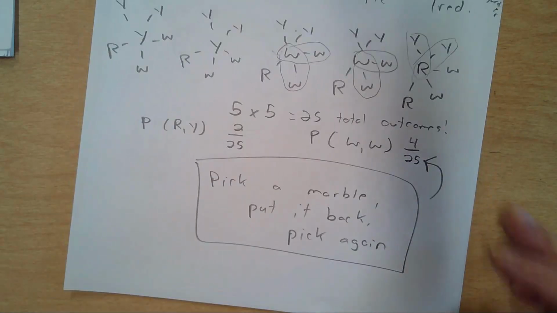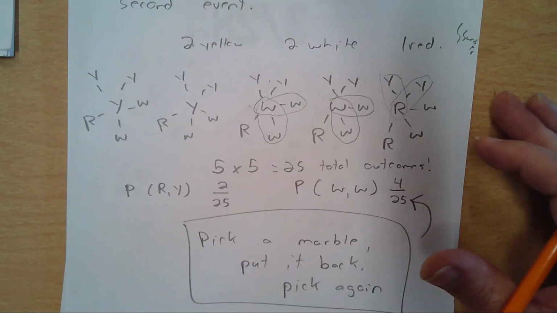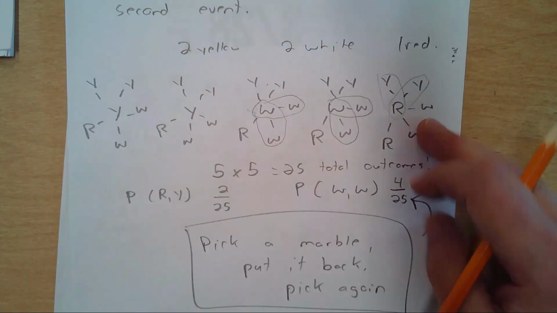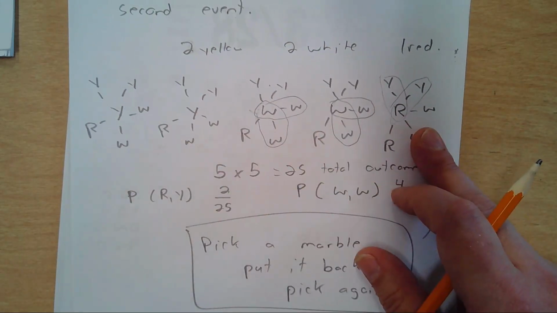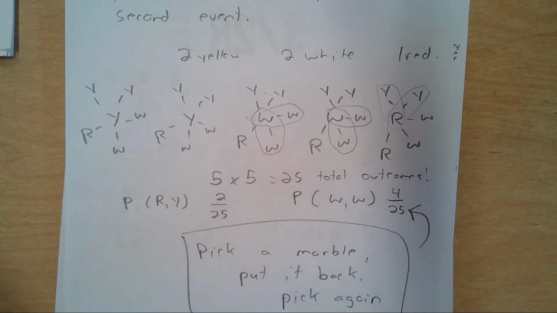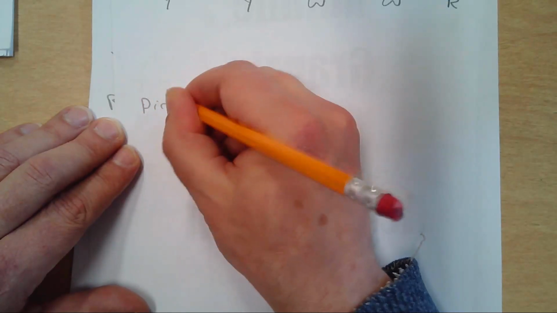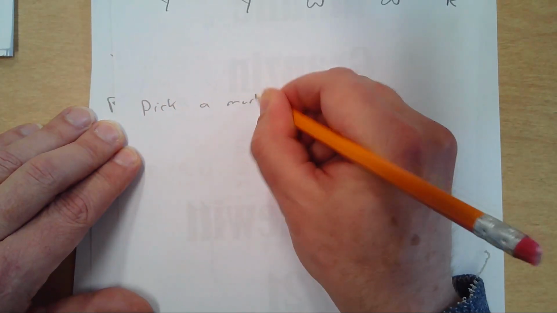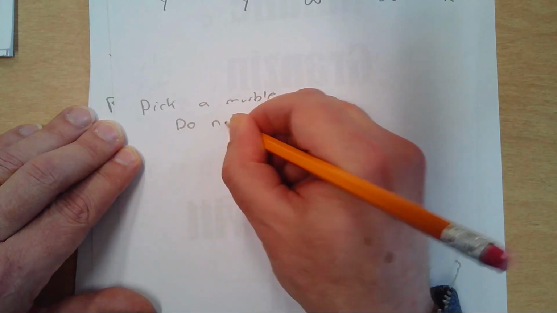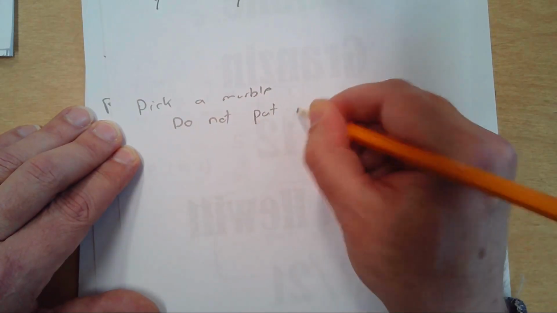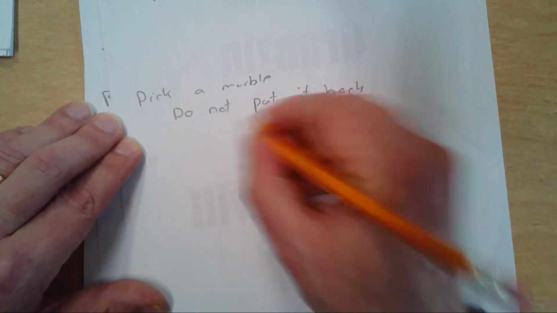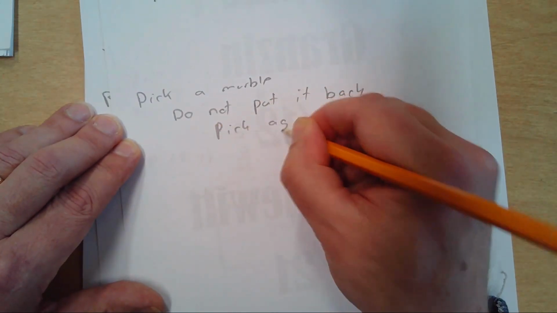That's what this tree diagram has represented to us: that we picked a marble, we put it back, and then we're picking again. So this time, we pick a marble. Do not put it back. And then pick again.